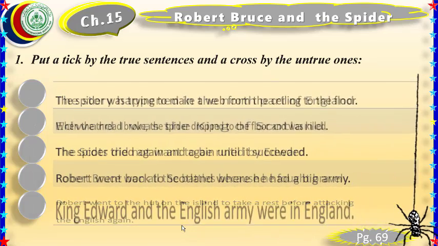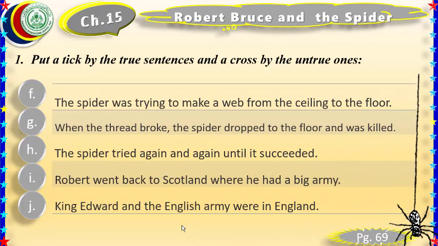Let us move forward. Next part is, the spider was trying to make a web from the ceiling to the floor. Yes, it is true. When the thread broke, the spider dropped to the floor and was killed. Was the spider killed?